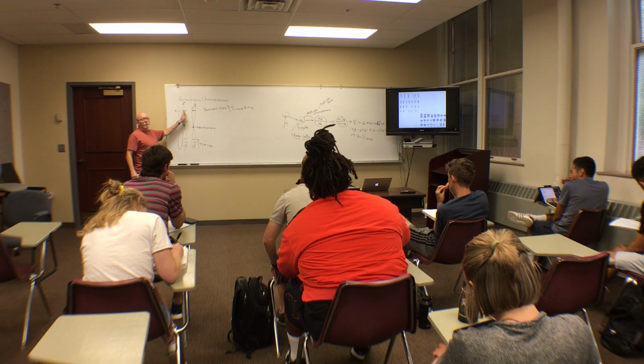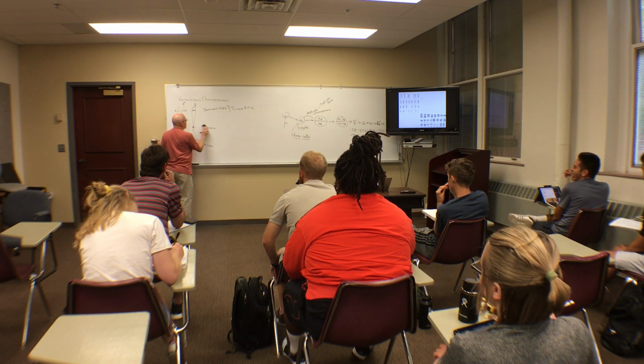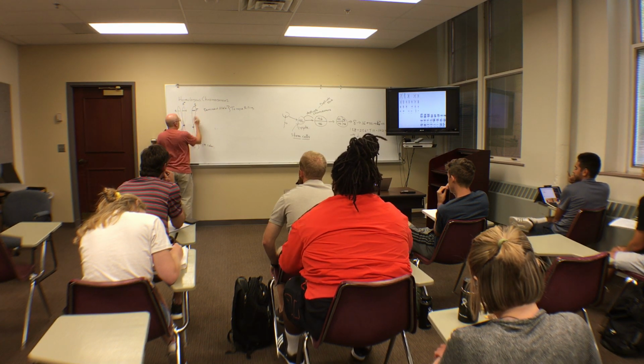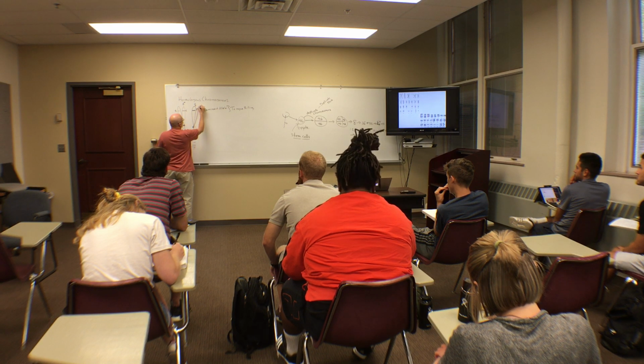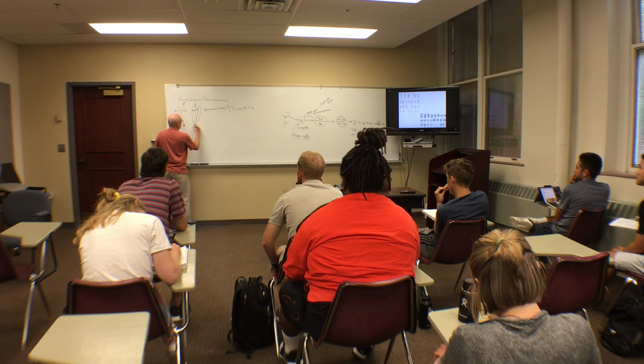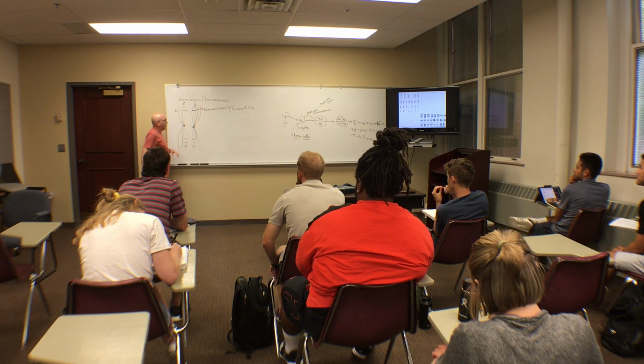This copy was made from this copy. In the same way, if you had a dominant allele here, when you make this copy, it will also have the dominant allele here.